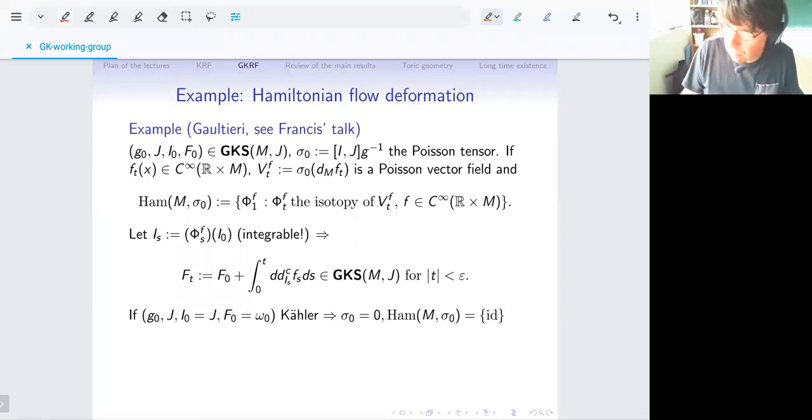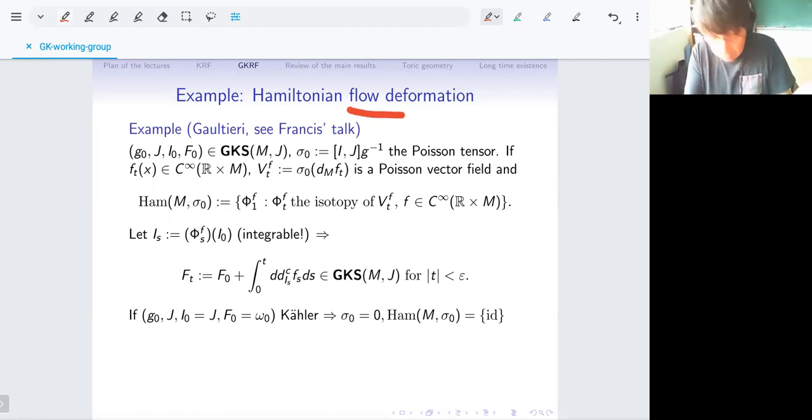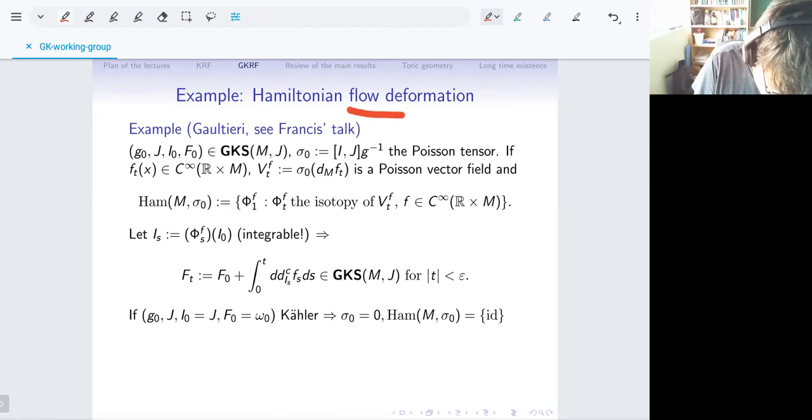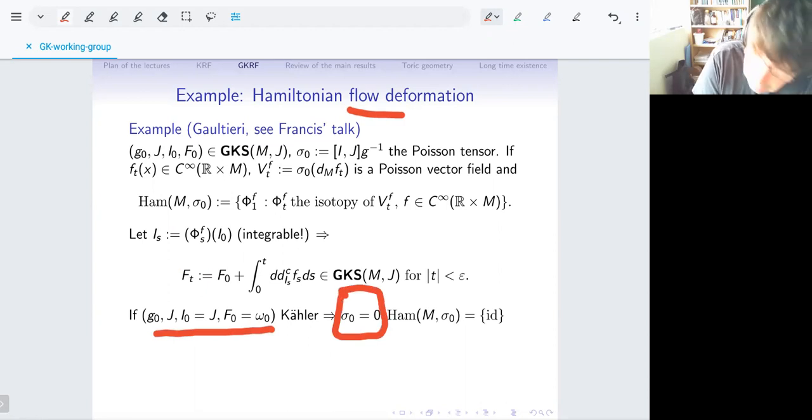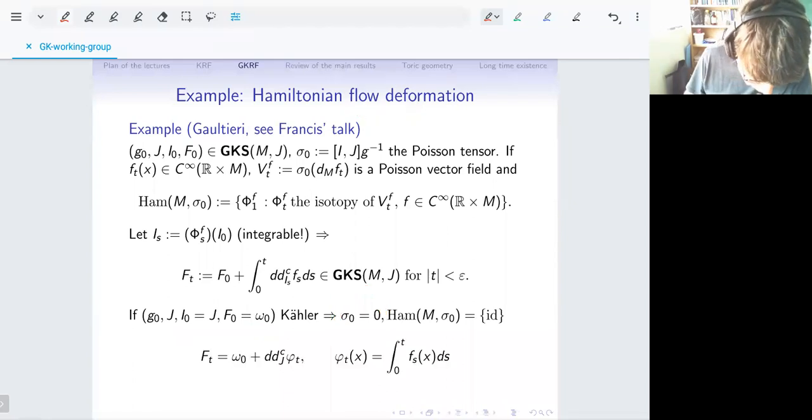Let me just mention that this also works in the Kähler case. This flow construction is precisely what we saw in the first part of the talk. If we take the starting data to be just a Kähler metric, then this Poisson tensor is trivial. Then these Hamiltonian diffeomorphisms that we constructed will be trivial, and therefore, if you follow the formula, this I_t will be just the initial J, nothing happens.